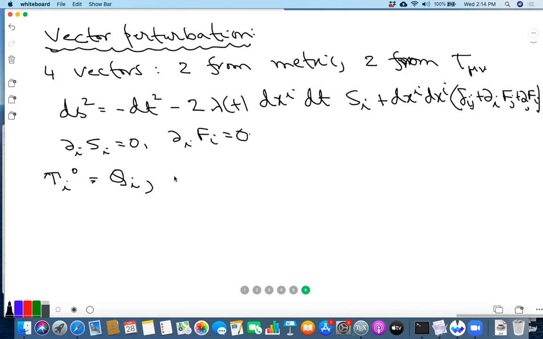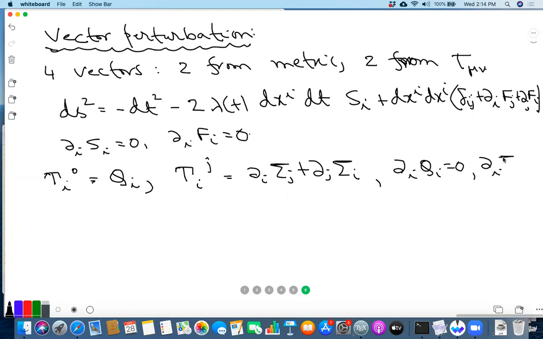And then we had Tij, which had this sigma ij with a vector part, del i sigma j plus del j sigma i. And again, we impose these divergenceless conditions.